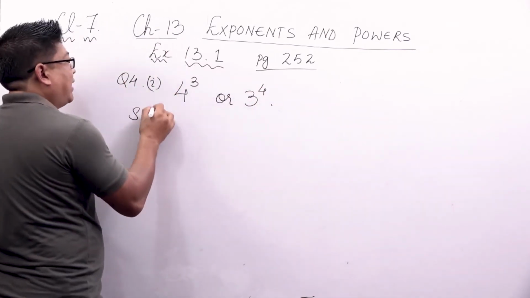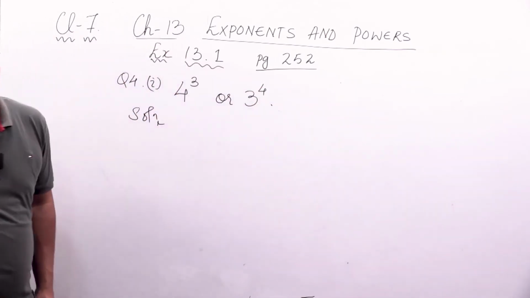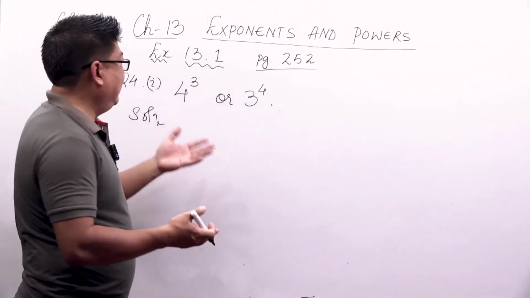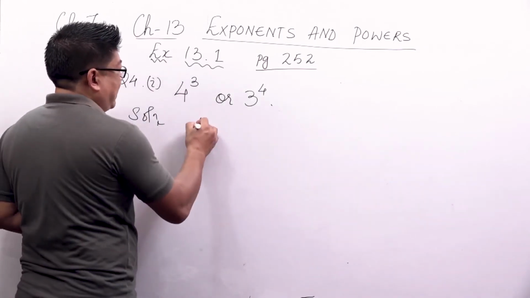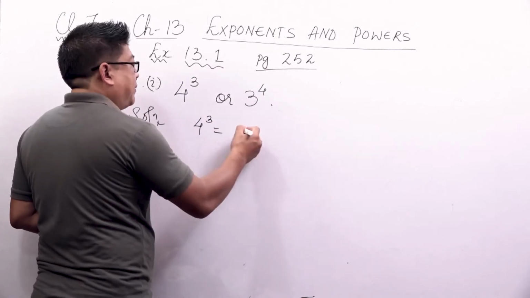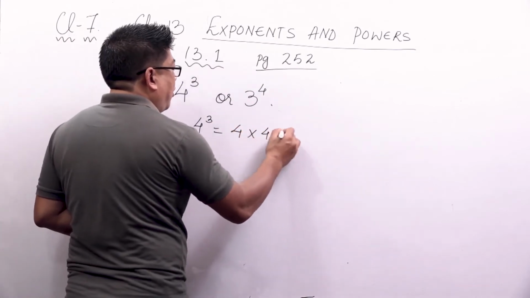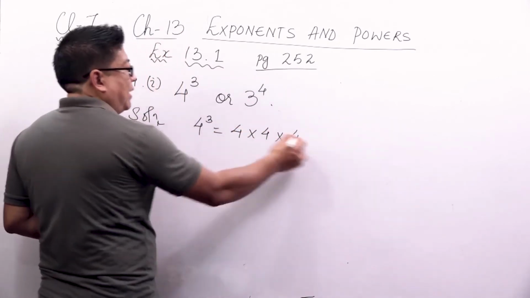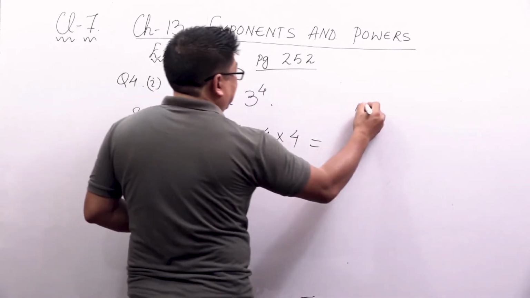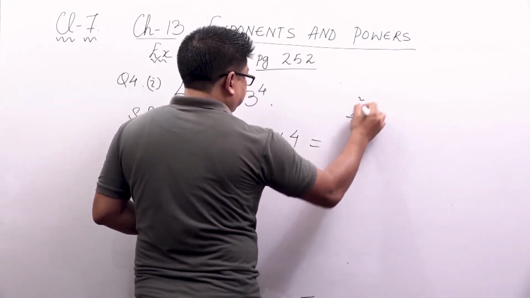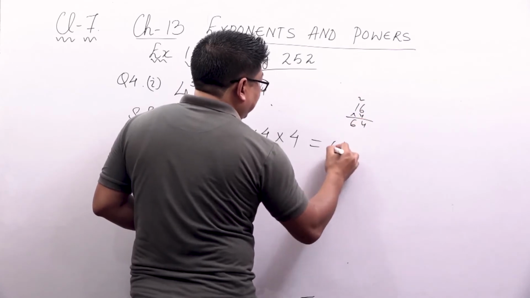So to see which is greater, first let's look at 4 to the power 3. 4 to the power 3 means 4 into 4 into 4. You multiply this, 4 into 4, 16. 16 into 4, you're getting 64.